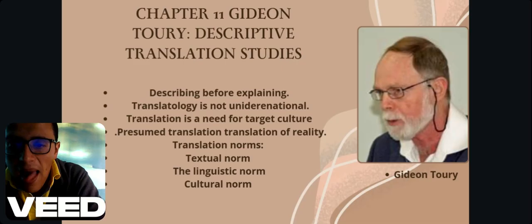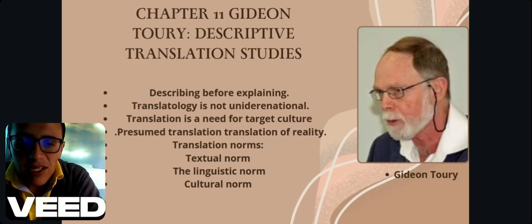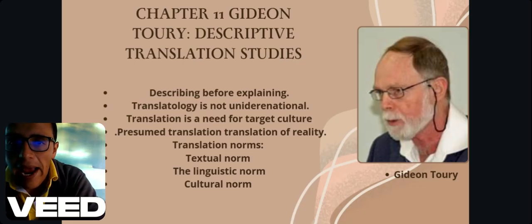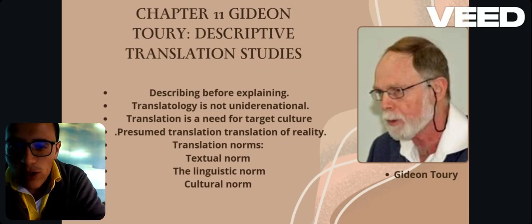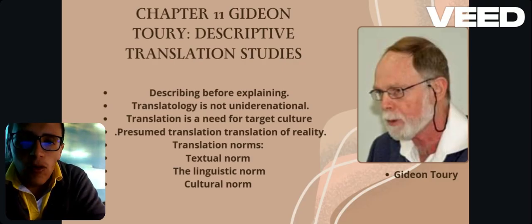The linguistic norm is associated with the linguistic system in both the original language and the target language. And the last one is the cultural norm, which is related to the source in both the original culture and the target culture.